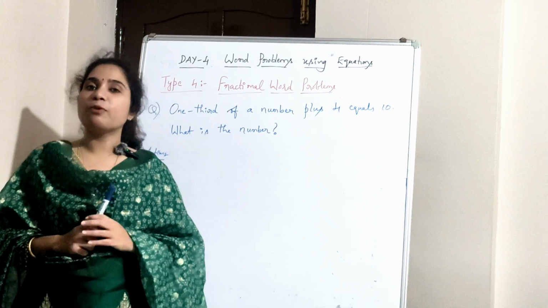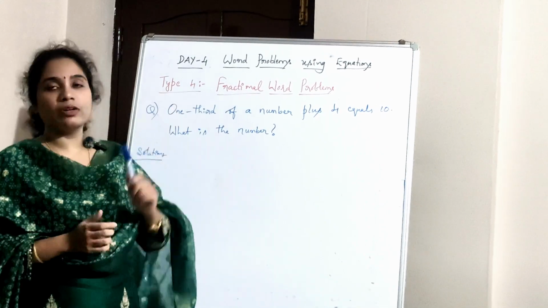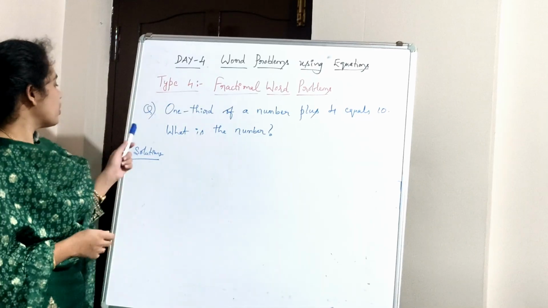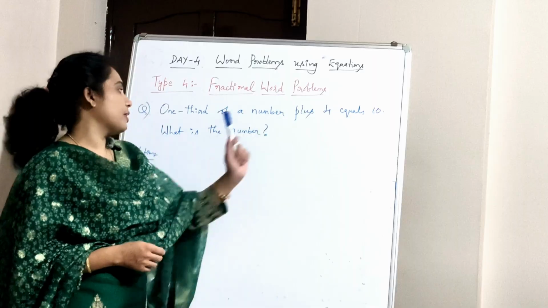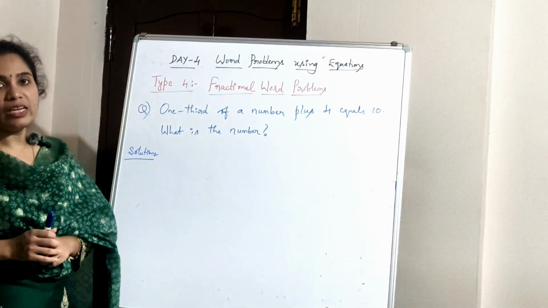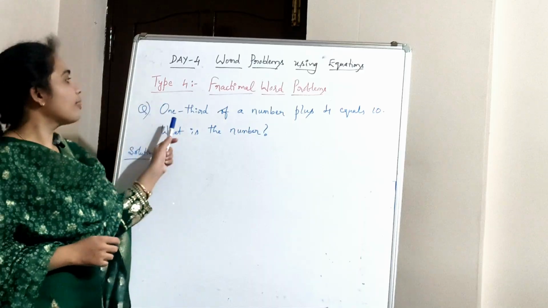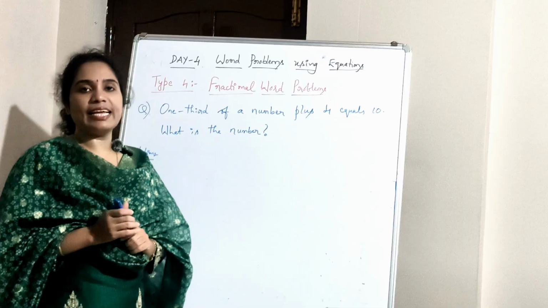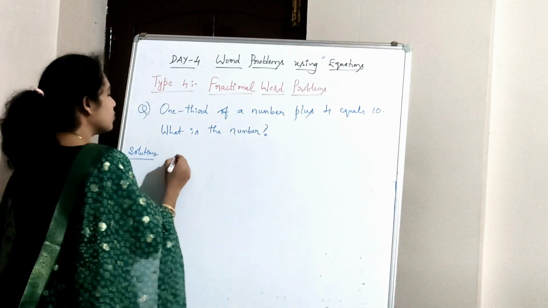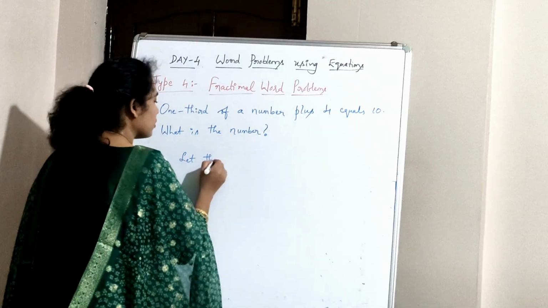Now we have the next type of word problem, that is fractional word problems. So the question here is: 1/3 of a number plus 4 equals 10. What is the number? Okay, check the question carefully. 1/3 of a number plus 4 equals 10. So let us consider the number to be x.